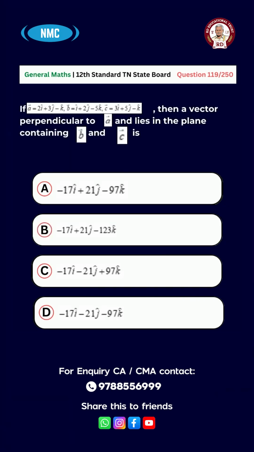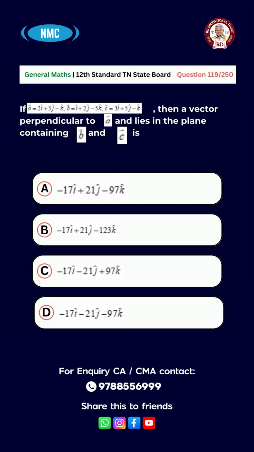Question number 119. If a⃗ = 2i + 3j − k, b⃗ = i + 2j − 5k, c⃗ = 3i + 5j − k, then a vector perpendicular to a⃗ and lying in the plane containing b⃗ and c⃗ is: option A, −17i + 21j − 97k; option B, 17i + 21j − 123k; option C, −17i − 21j + 97k; option D, −17i − 21j − 97k.